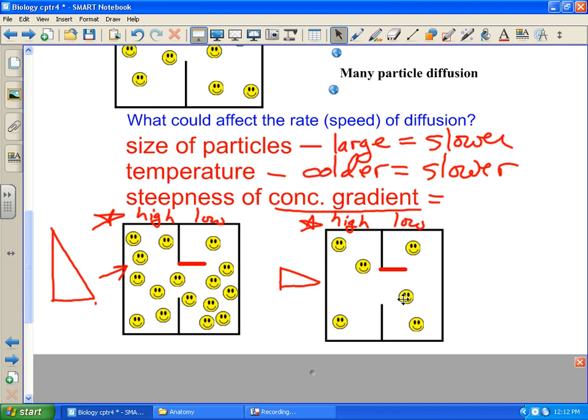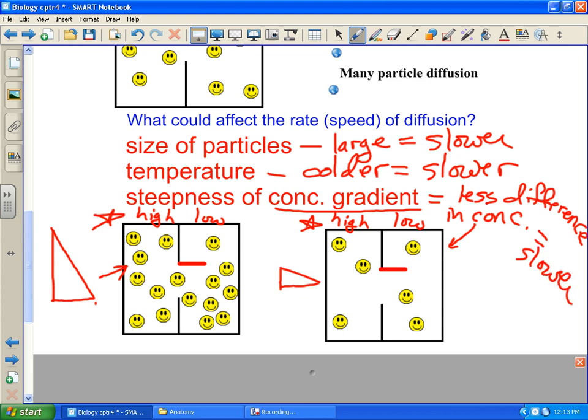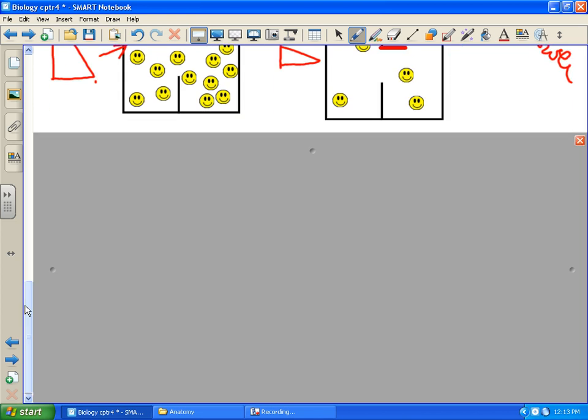They both will diffuse, they both will reach equilibrium, but this one will take longer. So, the less of a difference in concentration, the slower. Okay, hopefully that makes sense.